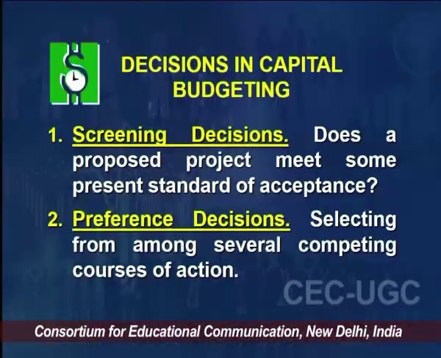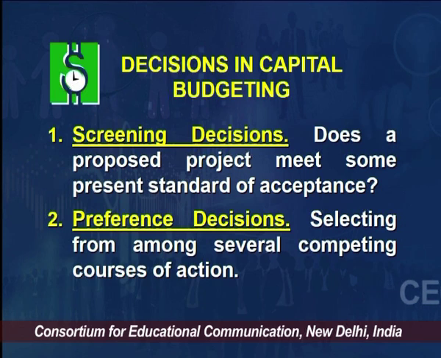So, either it is about cost reduction or it is about buying an equipment or buying a machine. Primarily we are doing two things in capital budgeting. One, we are doing screening of decisions, and second, we are deciding the preference, we are deciding the order.